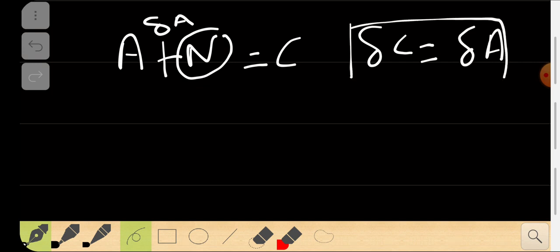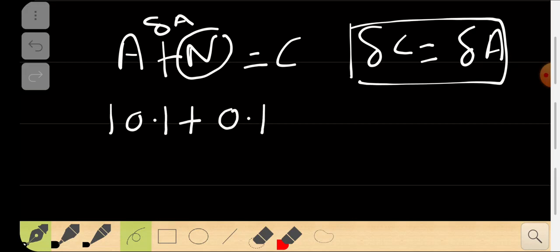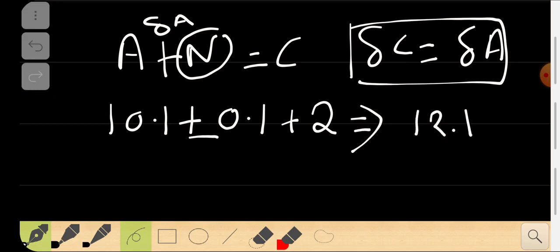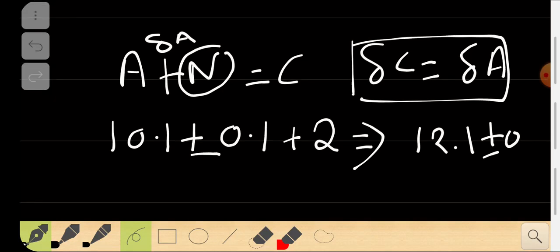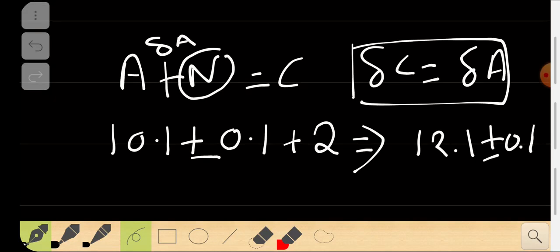That's a standard way. Maybe I can do an example. You get 10.1, say with an uncertainty of 0.1, and you add 2, and you get the new number, 12.1 plus or minus 0.1, so the uncertainty doesn't change for c.